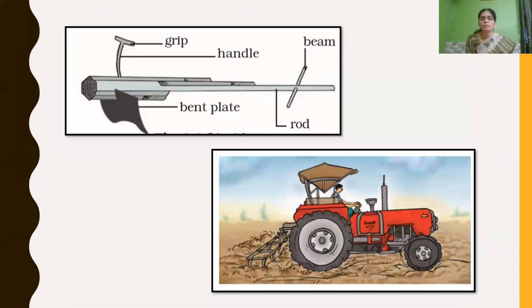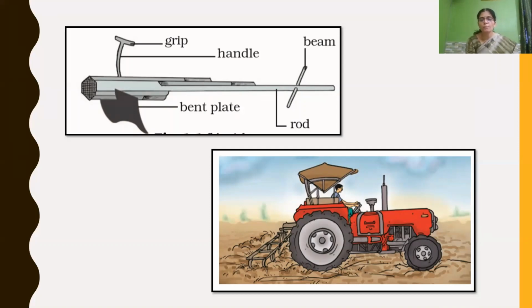Yes, here the top one, the first figure, which implement is it? We have seen the first stage, that is plowing the land. What is the name of this implement? Hoe. The hoe is made of iron or wood, and it has a bent plate-like structure made of iron, very sharp, so that soil is loosened easily.